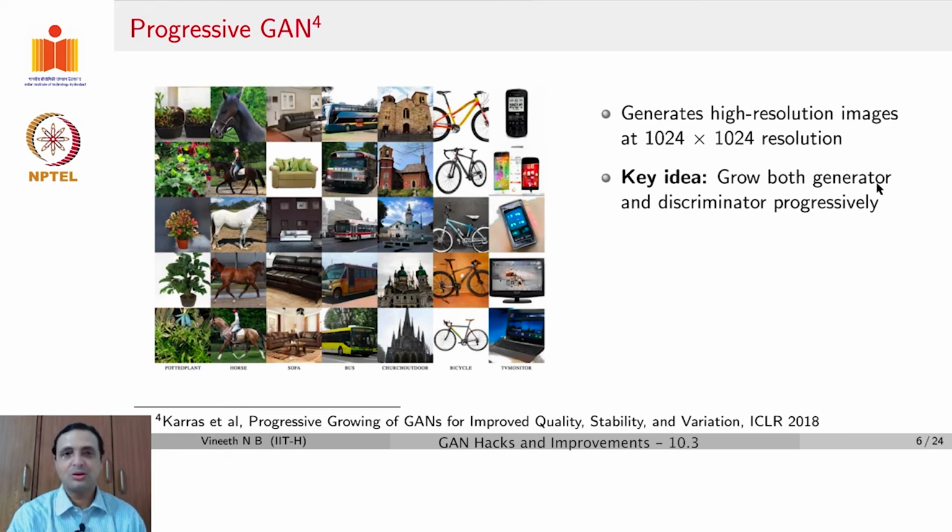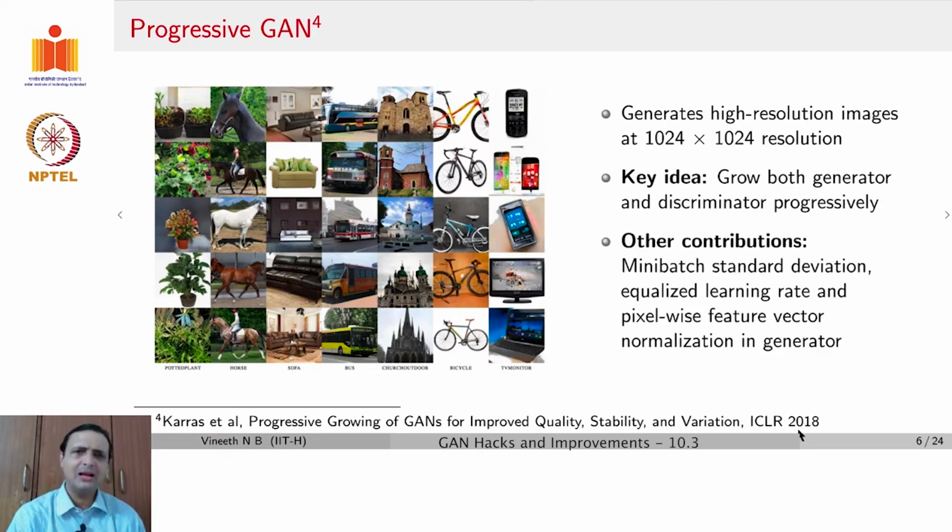We'll soon try to decipher what this means. This work was published in ICLR of 2018. It also had a few other design decisions, such as using a standard deviation in a given mini batch, a concept of an equalized learning rate, and a pixel-wise feature vector normalization in the generator, which we will also see soon.